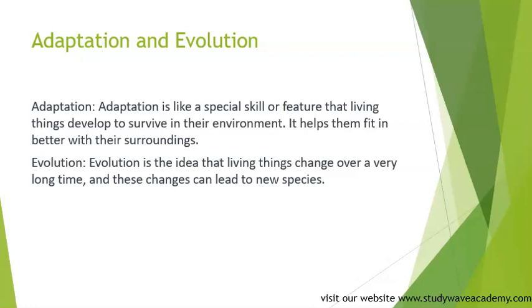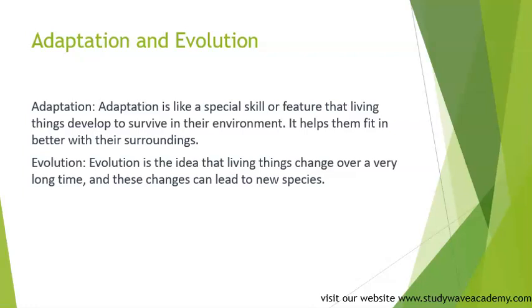Then evolution. Evolution is the idea that living things can change over a very long time, and these changes can lead to new species. Living things can change slowly. These changes can happen very gradually and are usually hard to see in a short time. Survival of the fittest.